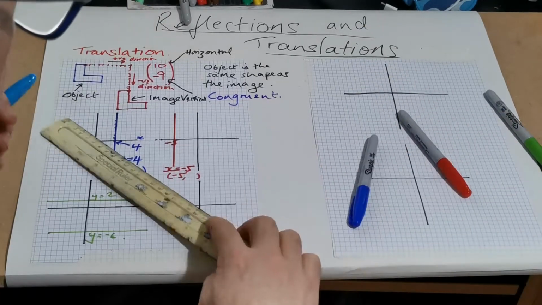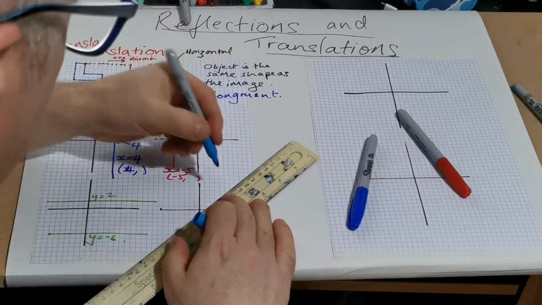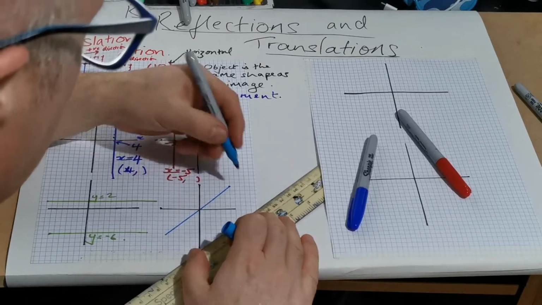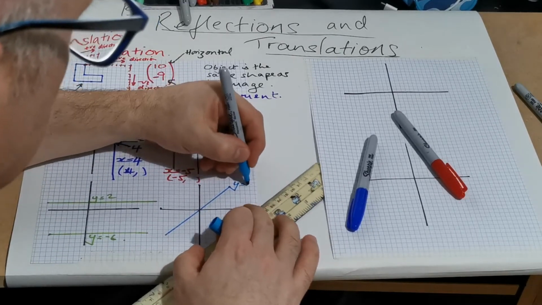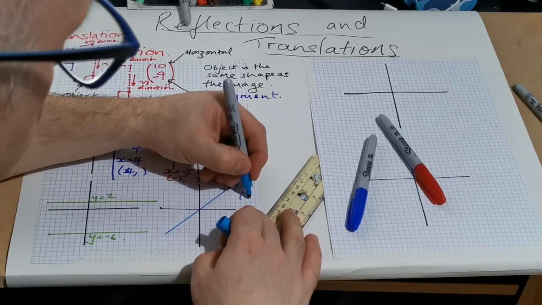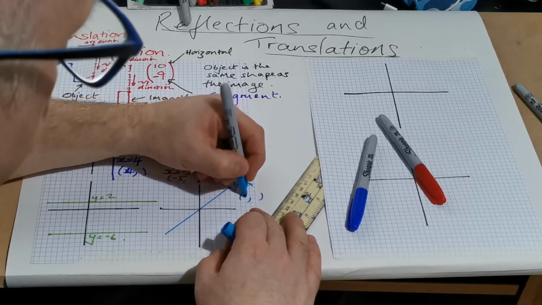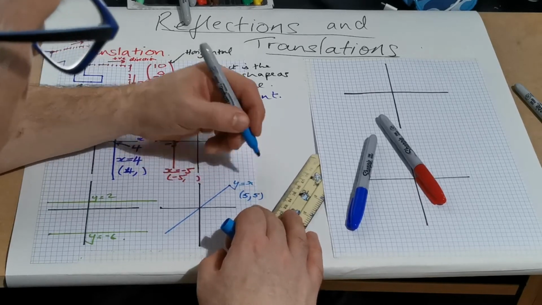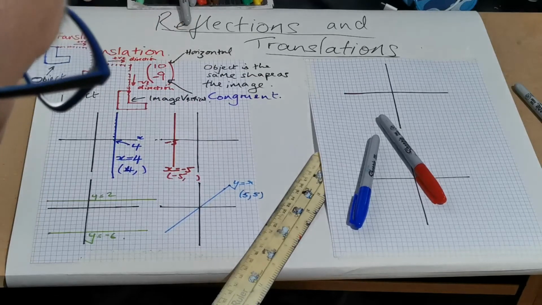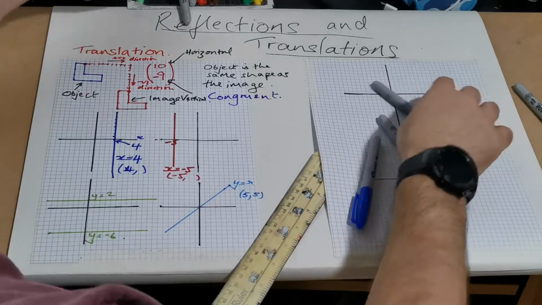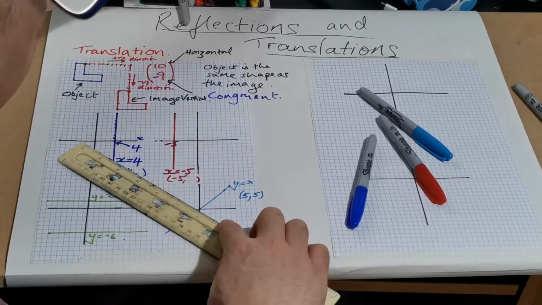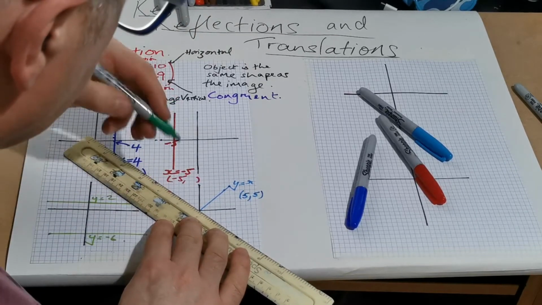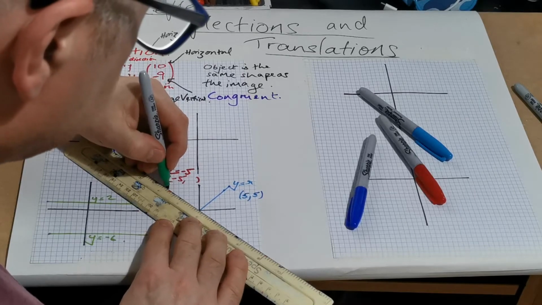But two others that we do need to know are this one. That one is y equals x, and in that one, in the coordinate pair, these two numbers are always the same. So for example, 5, 5 would be on that line just there. And in this line here, going in the opposite direction, it's very similar.